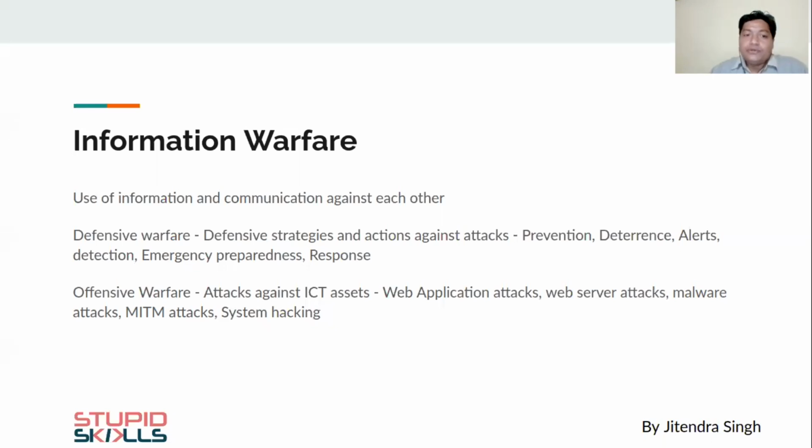Generally, you would term it as some kind of use of communication and information against one actor, against the other actor. So under offensive warfare, you would see that IT and information communication assets such as web applications and web servers are under attack. There are man-in-the-middle attacks, or the systems are getting hacked. So that's about information or cyber warfare.